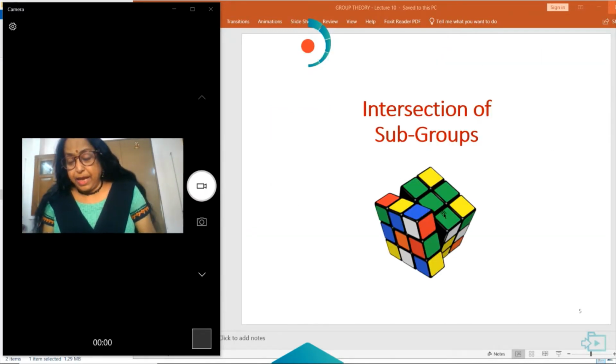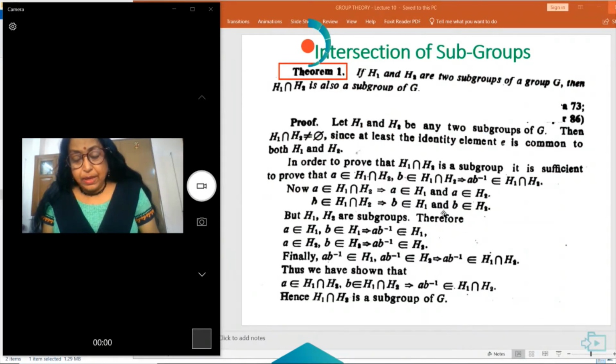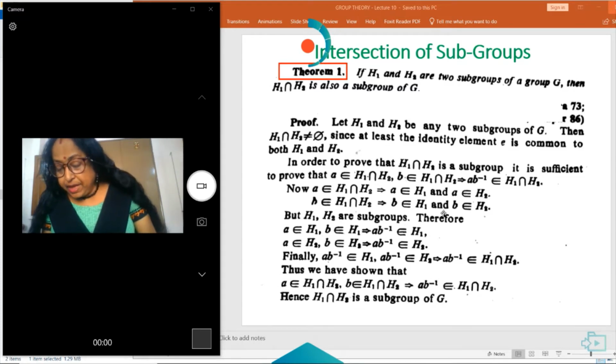we are going to prove that if H1 and H2 are two subgroups of a group G, then H1 intersection H2 is also a subgroup of G. Let H1 and H2 be any subgroups of G. Then H1 intersection H2 is not equal to phi, because there is at least one element, the identity element E, common in both H1 and H2.